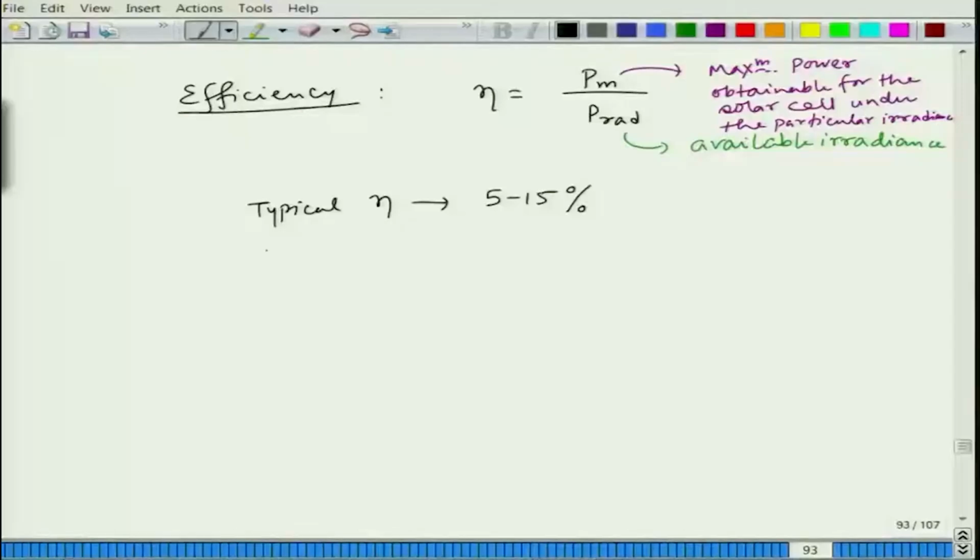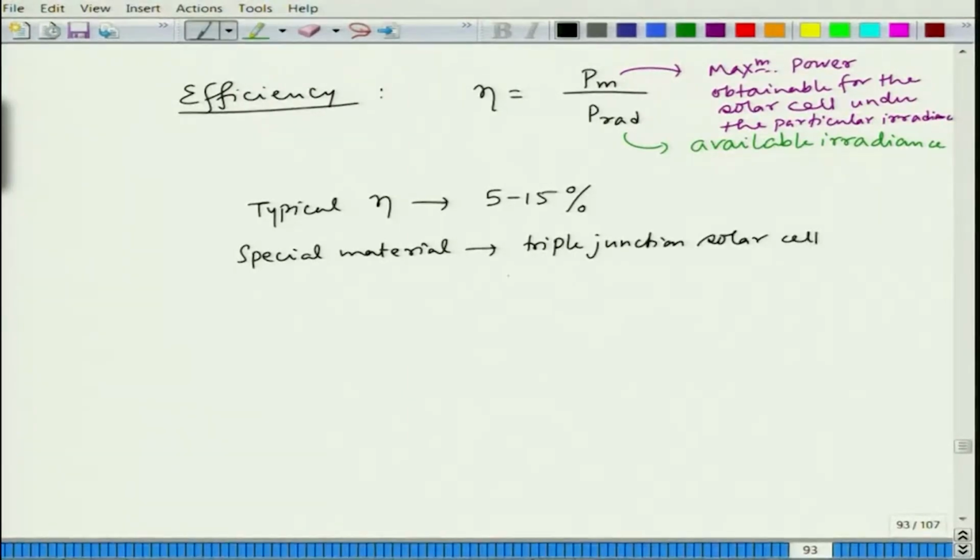And of course, there are special materials, what we call triple junction solar cells. They can go up to 40%, which is a large number, but they are super costly. So, only when your efficiency is of prime concern you would use those kind of materials.